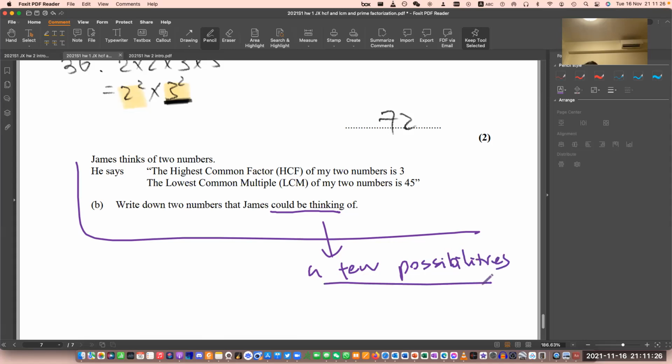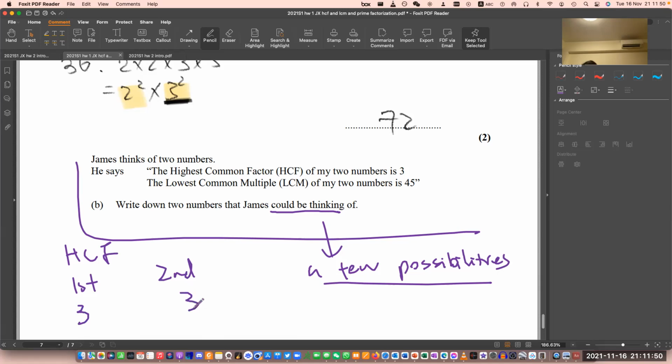So when you move on to Sec 1, or secondary school onwards, you will see that there are a few possibilities, no fixed answers. The highest common factor of my two numbers is 3. So for HCF, like I say, it must be shared. So if this is my first, this is my second one, my first should have 3 and this one has 3.